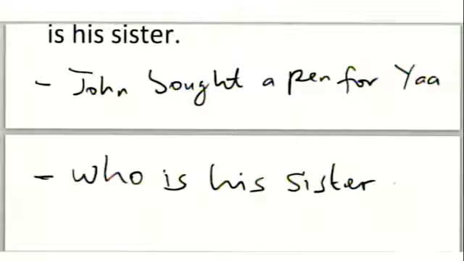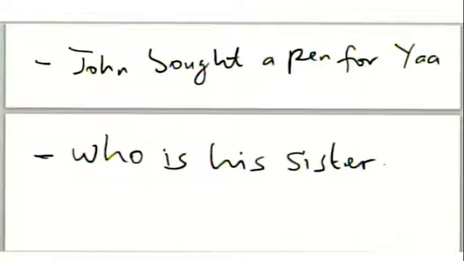So we have two clauses. John bought a pen for Ya, our main clause. Who is his sister? Our subordinate clause. Because who is his sister is not a question, so we don't get the meaning until we hear it is linked to the first part.